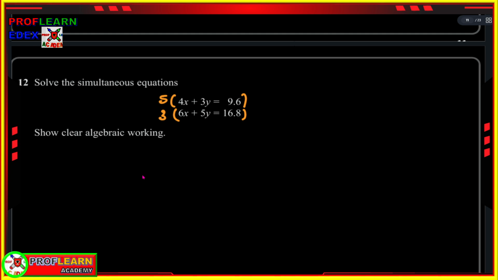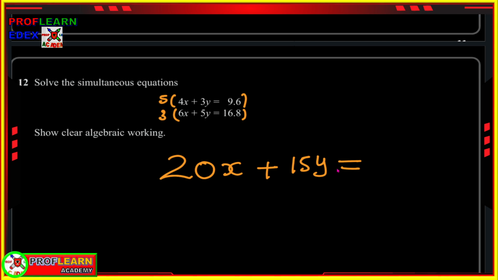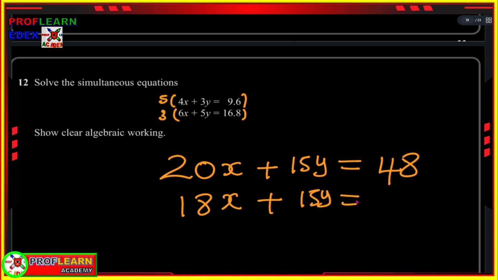So our equations now will become 20x plus 15y equals 48, and this is going to be 18x plus 15y equals 3 times 16.8, which is 50.4.